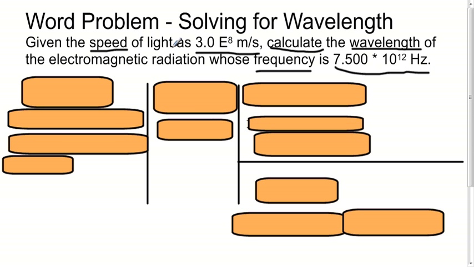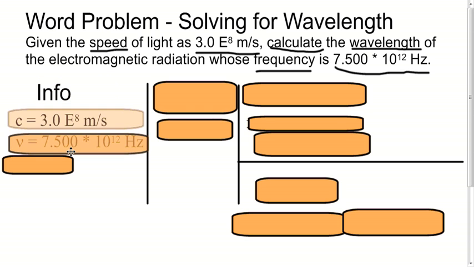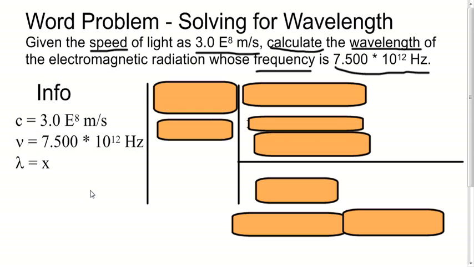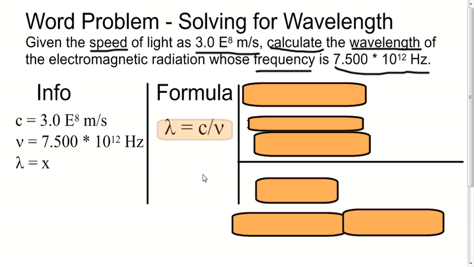So there's all my information. I know what I know and where I want to go. Then I figure out the formula I'm going to need, and that's lambda, or wavelength, is the speed divided by the frequency.